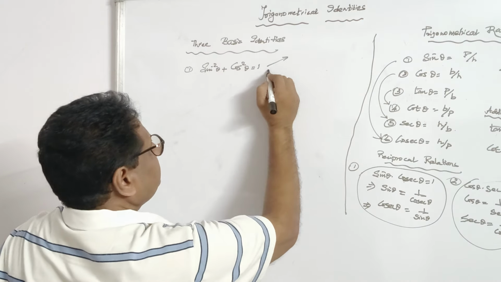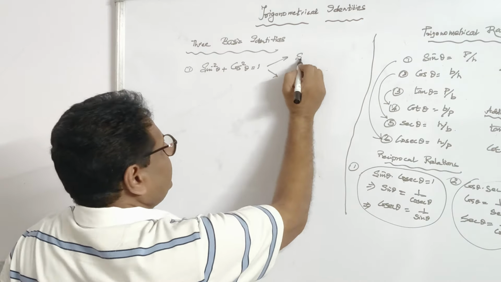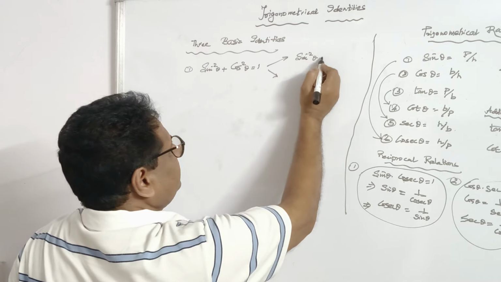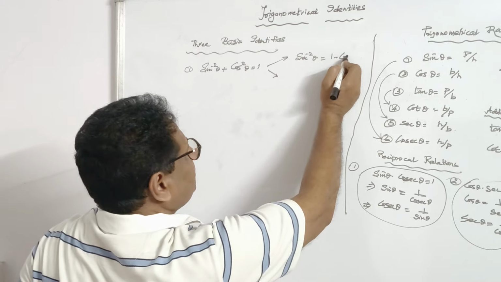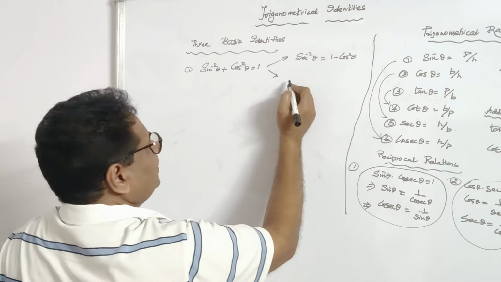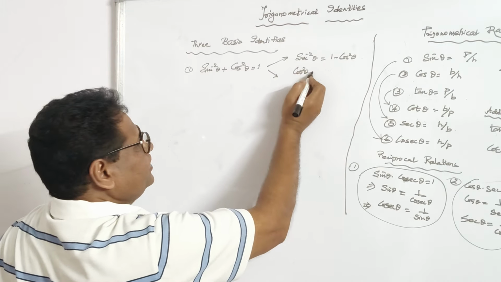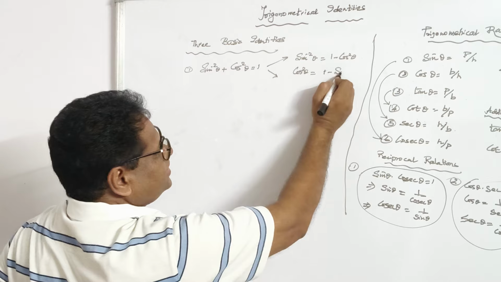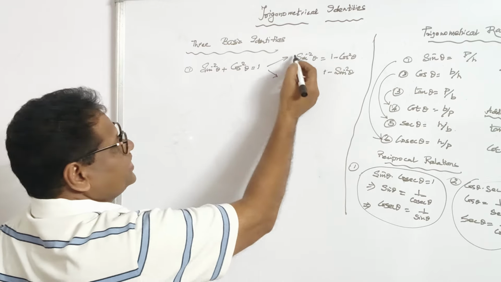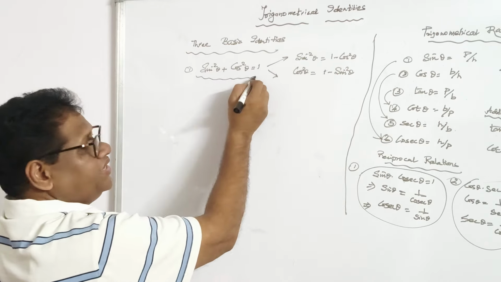This means we can also understand that sin square theta equals 1 minus cos square theta, and cos square theta equals 1 minus sin square theta. These are the outcomes of this relation.